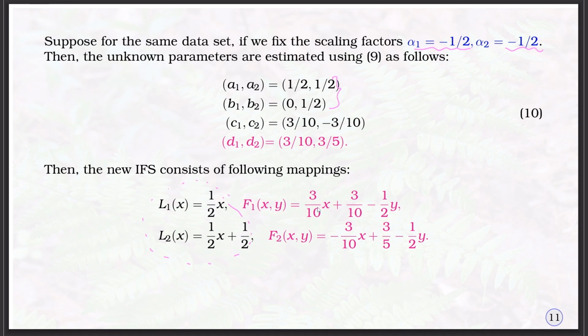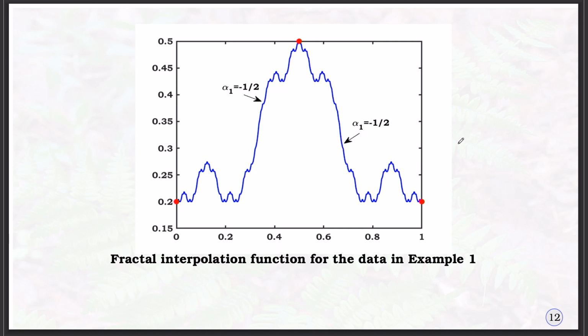In the Fi function it will change, the Ci value and Di values are changed, because Ci and Di fully depend on the alpha values. Therefore the only changes are in Ci and Di, and the fractal interpolation corresponding to this alpha value we are getting like this.